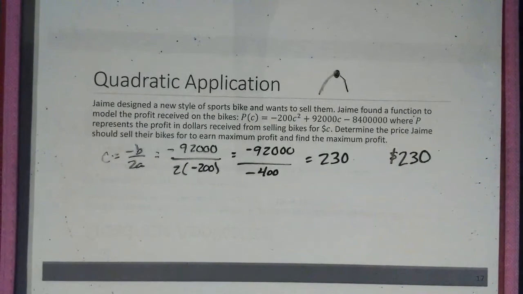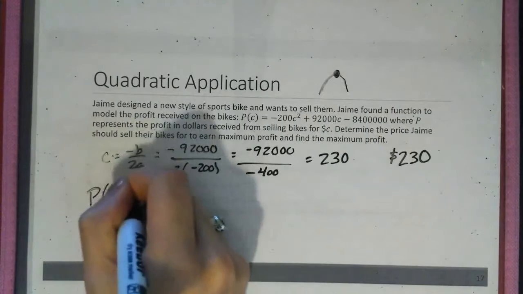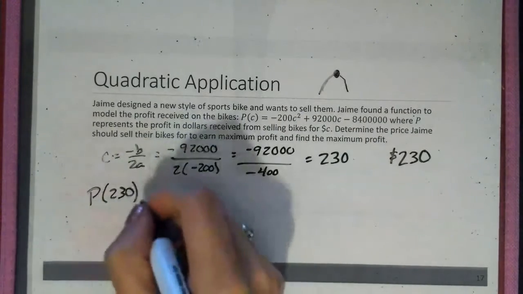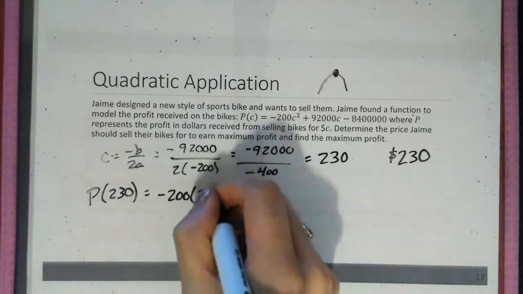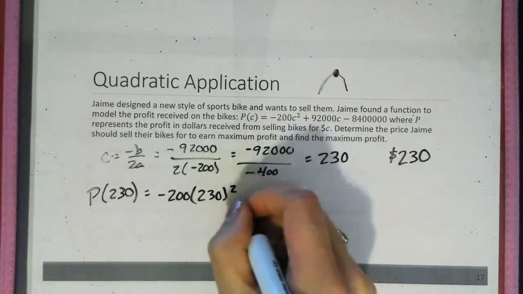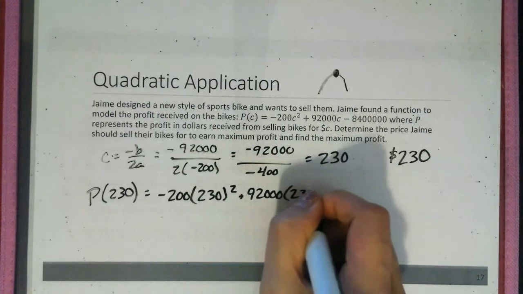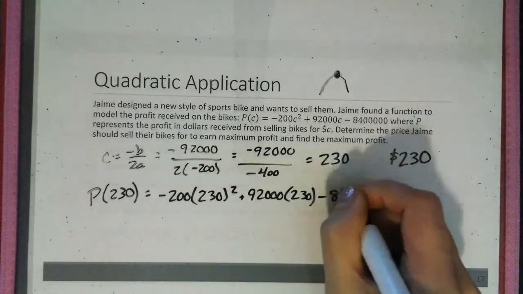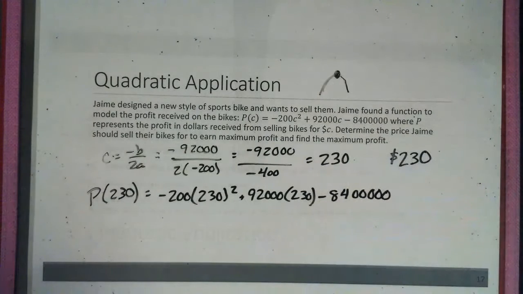Now it also said to find the maximum profit. So the profit for selling the bikes at $230 is equal to negative 200 times 230 squared plus 92,000 times 230 minus 8,400,000.